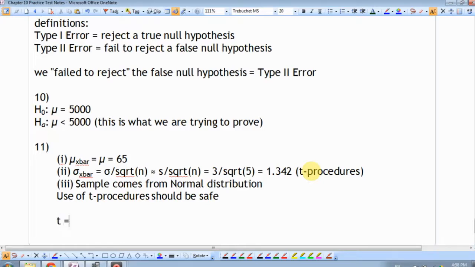Test statistic T is equal to x bar minus mu x bar, divided by sigma x bar.